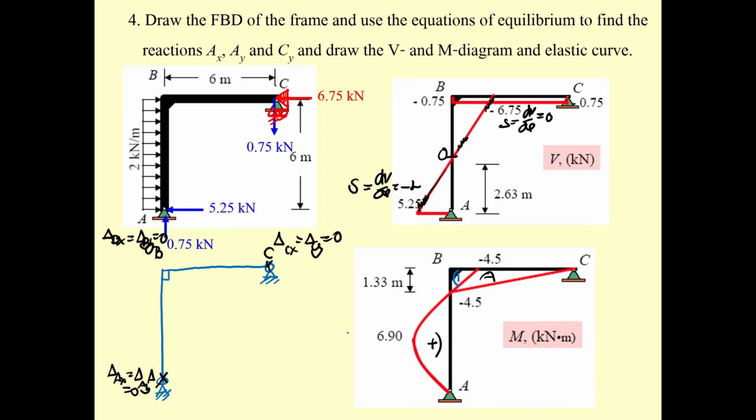Now, due to this type of deformation, you should be able to sketch what is supposed to have this type of deformation. And somewhere the deformation reverses direction. This is important because this point of zero moment is the inflection point.